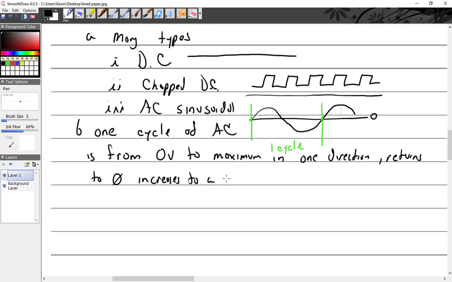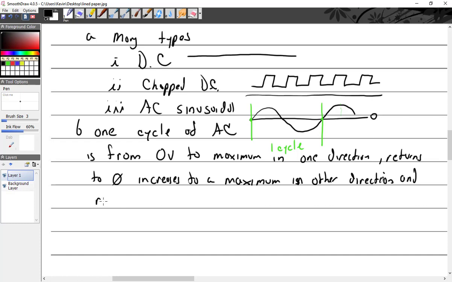Did you say that was 1 volt? No, 1 cycle is from 0 voltage to maximum. Here's maximum in one direction, returns to 0 right there, increases to a maximum in the other direction, and then returns to 0.